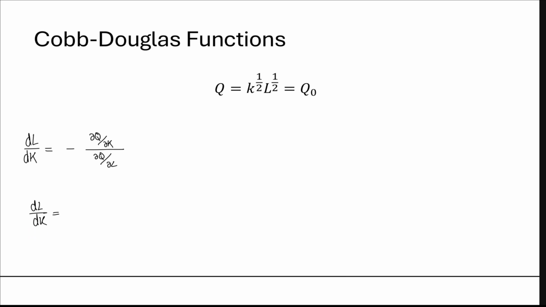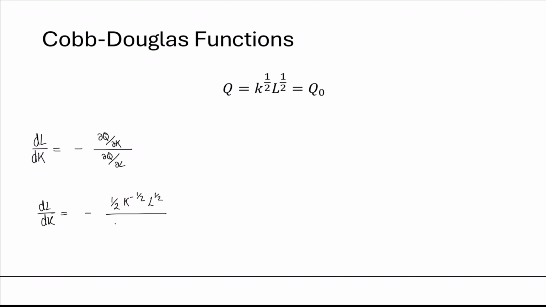When we do this, we get a half k to the minus a half and L to the half, over k to the half and then a half L to the minus a half. If we now simplify this, these two halves cancel out and we get k to the minus a half L to the half all over k to the power of a half and then L to the minus a half.